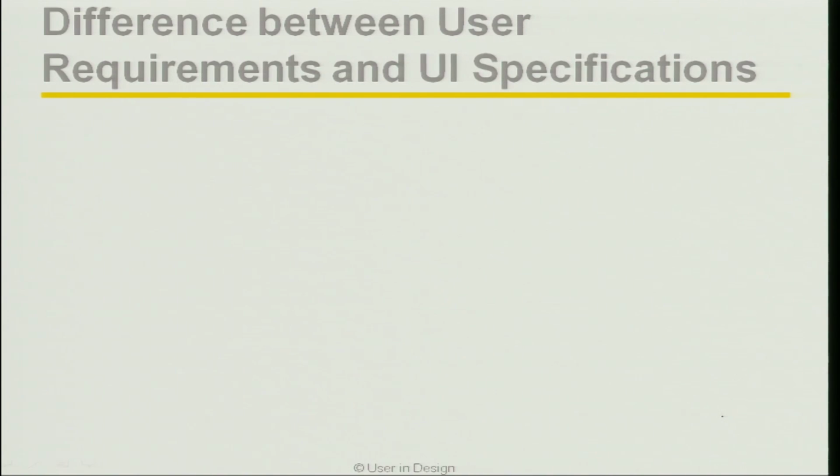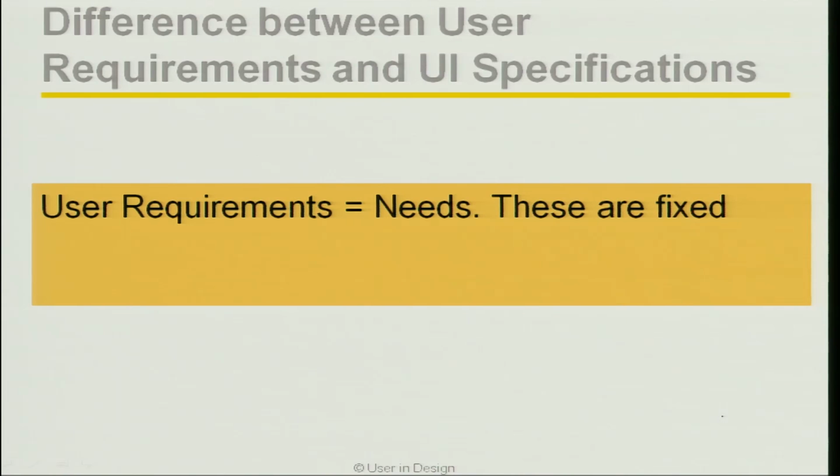Now, many of you in organizations must be familiar with UI specifications or user specifications. And you would say, what's the difference? In a document, I'm given the UI specifications, and that is what the user needs. No, they're different. User requirements are the needs. These are fixed. This is a need that a person feels.